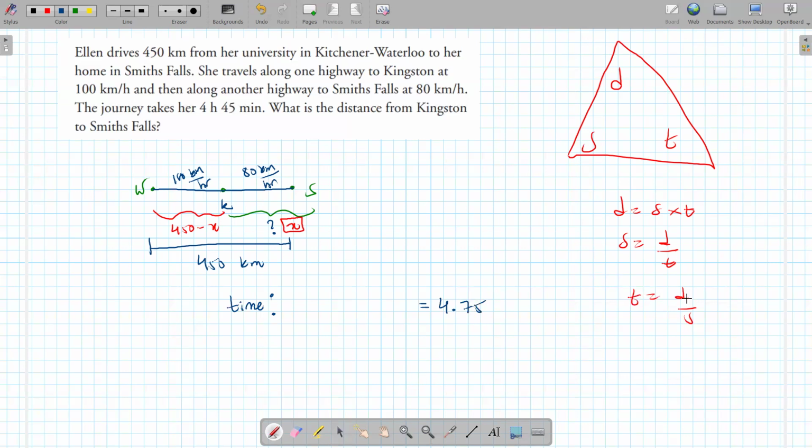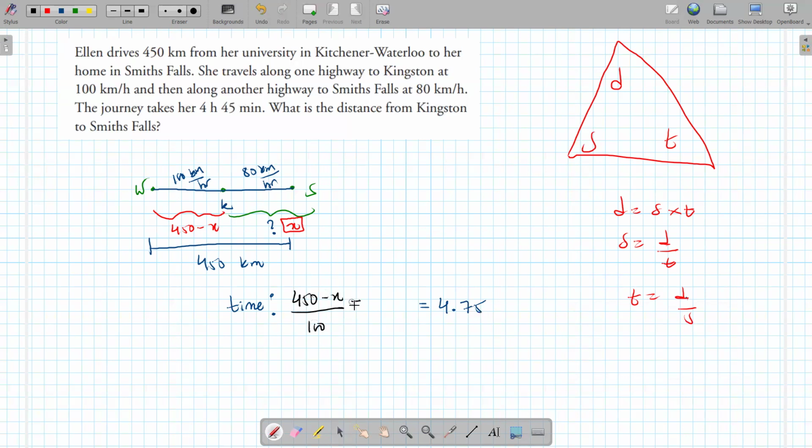Remember, time is distance over speed. What is the time it takes for Ellen to go from W to K? We have both the distance as well as the speed. So from W to K, the distance is 450 minus x, over 100.